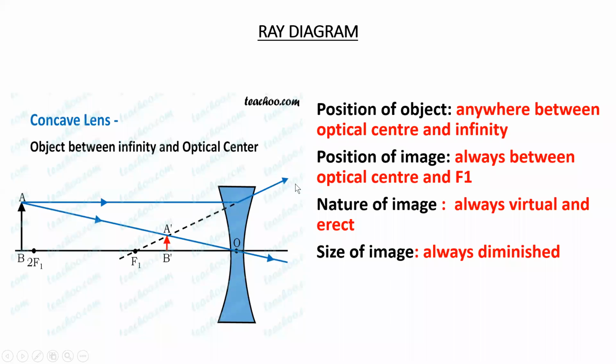So in this case, what happens? The image will be always formed between the optical center and the secondary focus, and its nature will be virtual and erect, and the size will be diminished. अब point size से थोड़ा सा बड़ा हुआ, लेकिन जो भी बड़ा हुआ, it will be always smaller than the object.